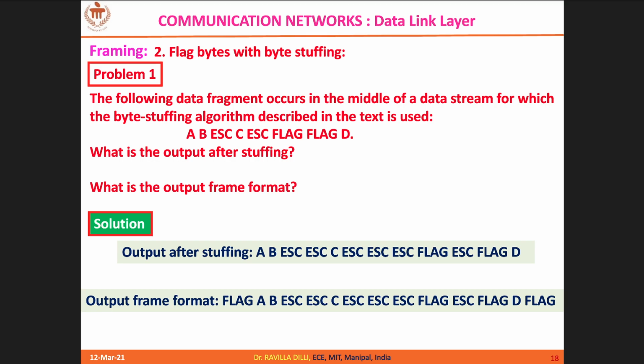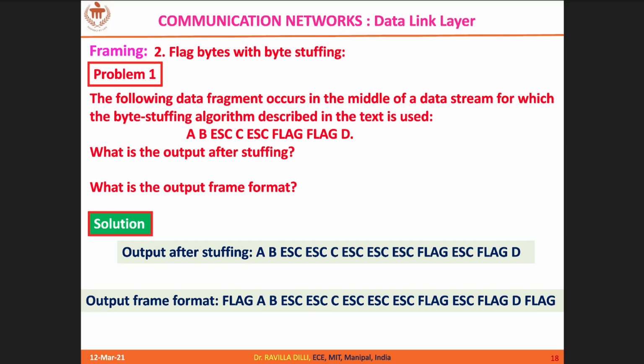The first escape is the stuffed one, the second escape is part of the data. Then followed by escape, that is the stuffed one, followed by flag. So you will get three escapes followed by flag. Okay.